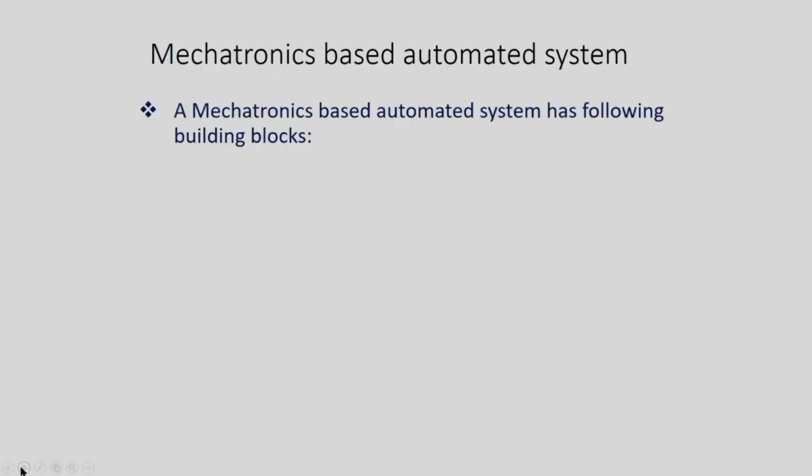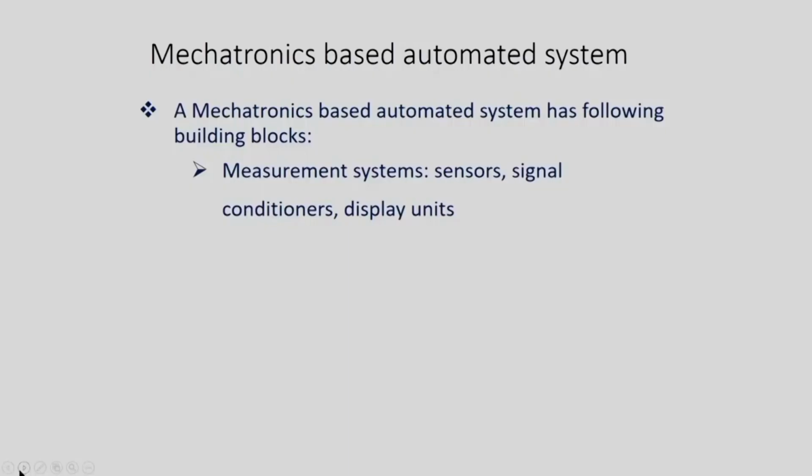Now let us see what are the various building blocks of a mechatronics based automated system. The first building block of an automated system is the measurement system. The measurement system has various sensors, signal conditioning devices and display units.